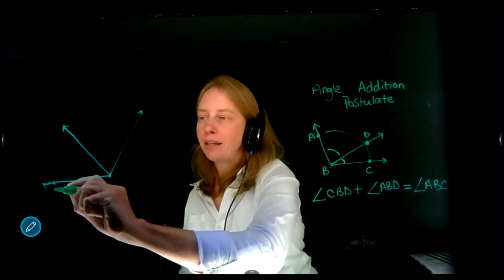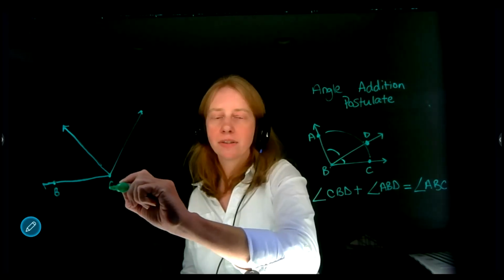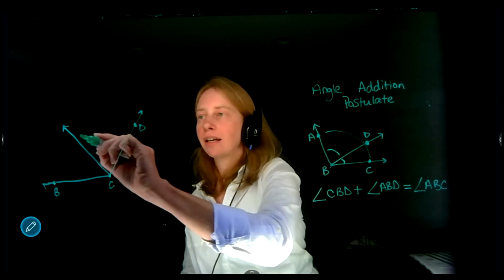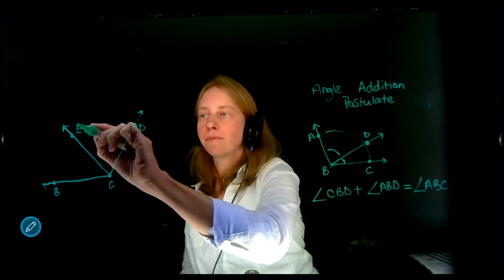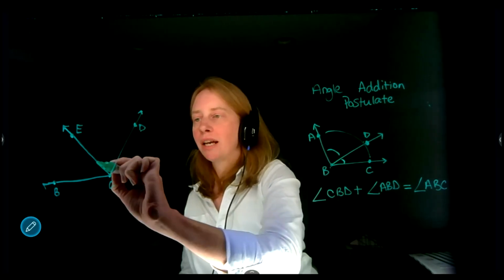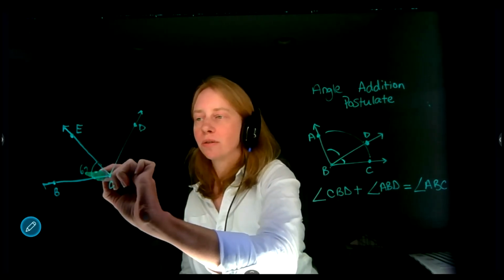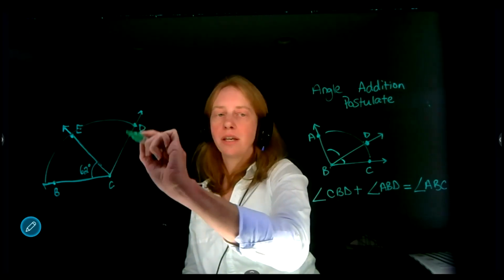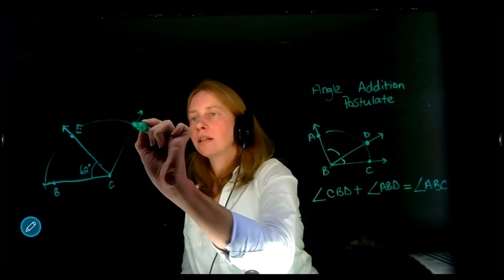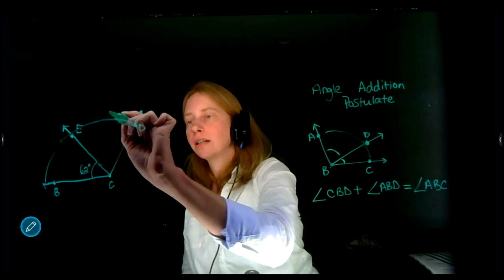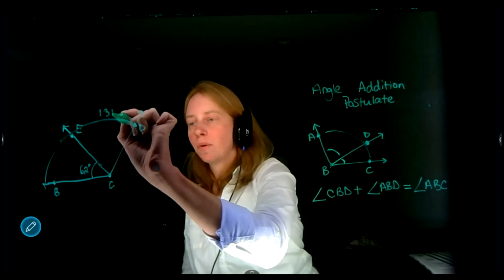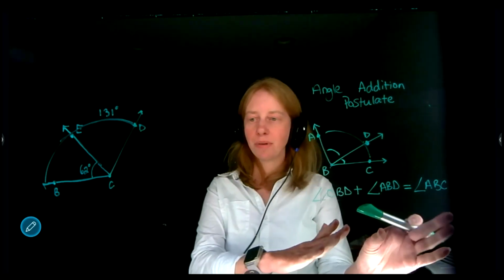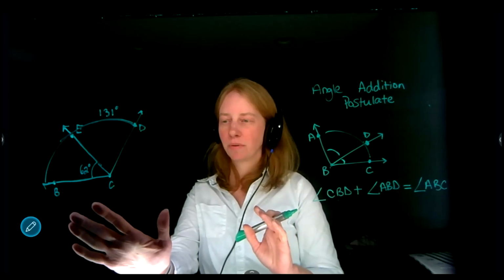So I have B, I have C, I have D, and I have E. This one gives me an angle right here of 62. And it says that the whole thing is 131. Okay, so we're going to apply this same postulate to this one right here.